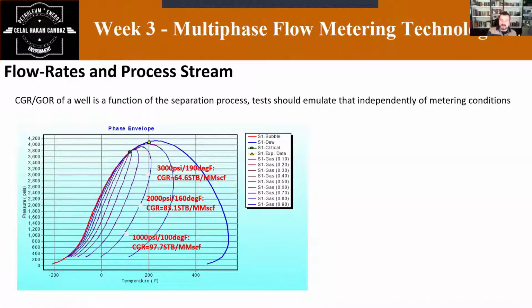So it directly changed. Each point is crucial to make your measurements in your separator, in your stock tank, multiphase flow meter, as well as your wellhead. In the surface part, it's crucial to describe each of these parameters, and you have to make your rate, pressure, temperature measurements at each step, each part and tool.